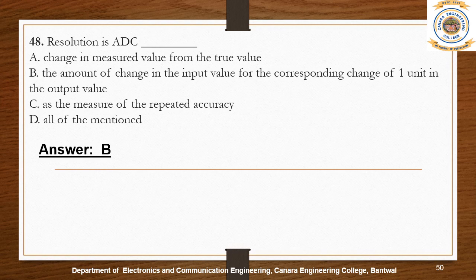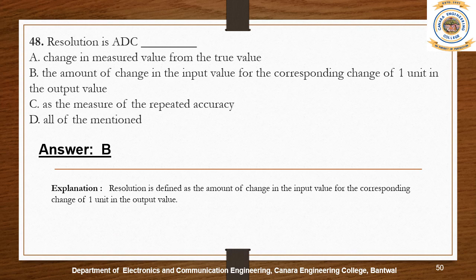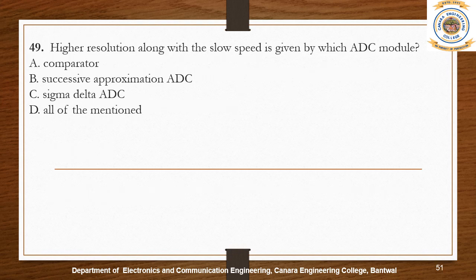For example, if a current value is, let us assume, 100, and it has to be changed to 101, the amount of input value change required is nothing but the resolution.